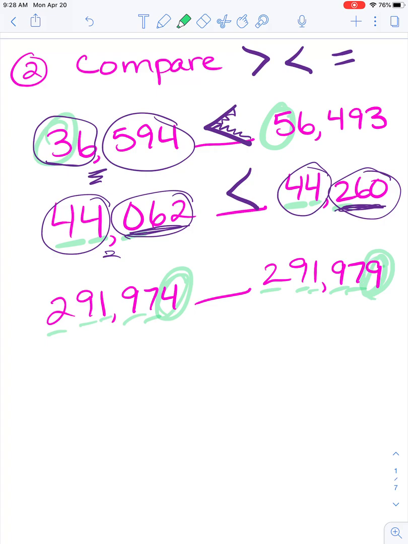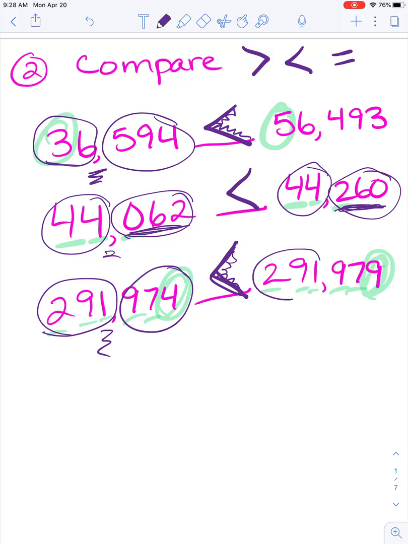But we've got 4 in the ones place versus a 9. Wow, all 3 of them were facing the same way. Kind of crazy. Let's read this. 291,974 is less than 291,979. Hope you got those right.